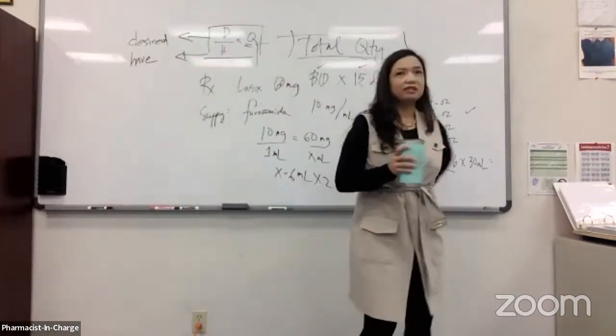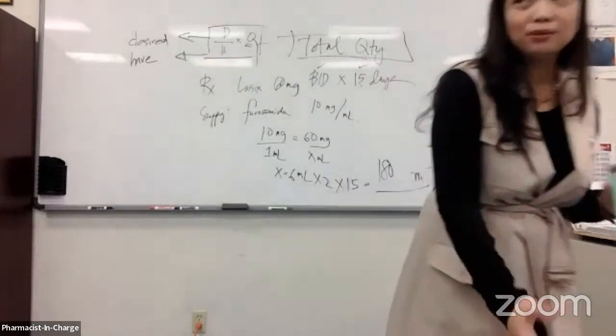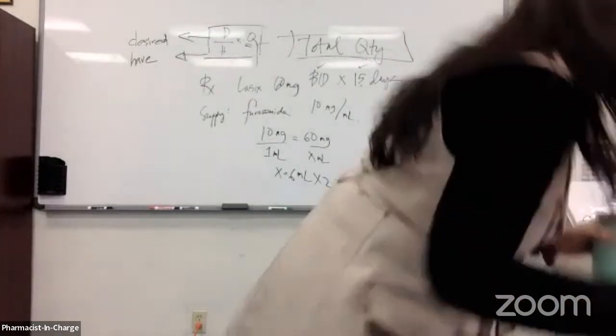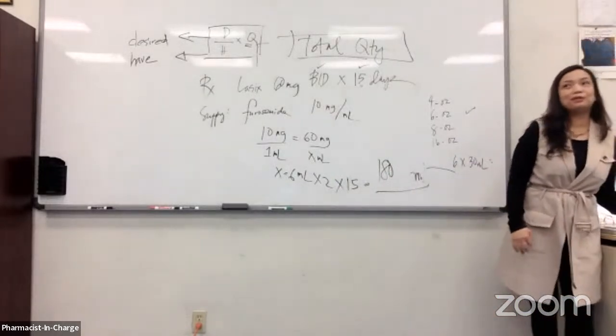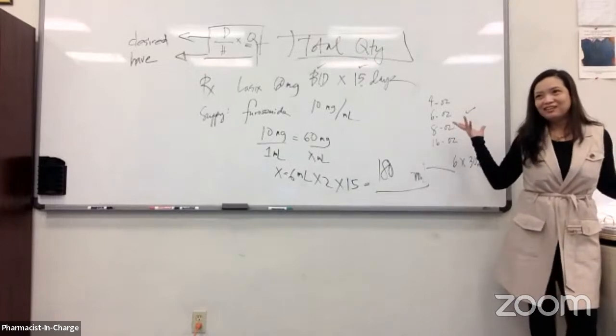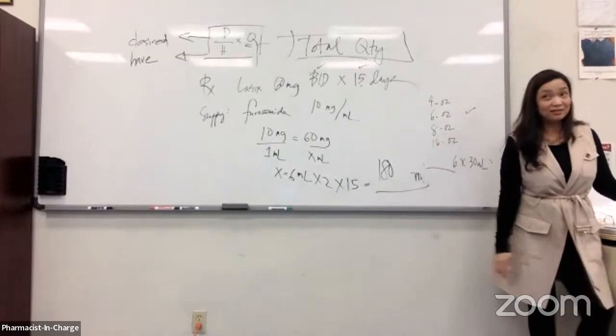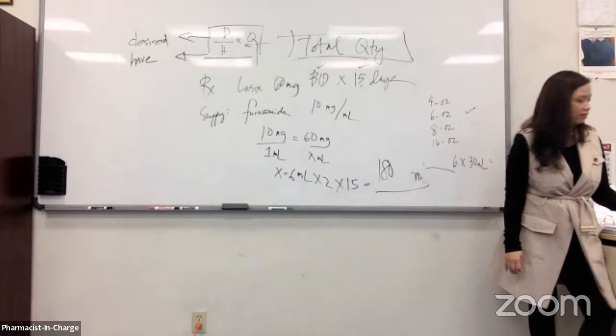Remember, your oral syringes have 0.1, 0.2, 0.3 increments. Yes, for single dose, they matter. Total quantity, you dispense the whole in a bottle, so you don't want those decimals. Practical application.